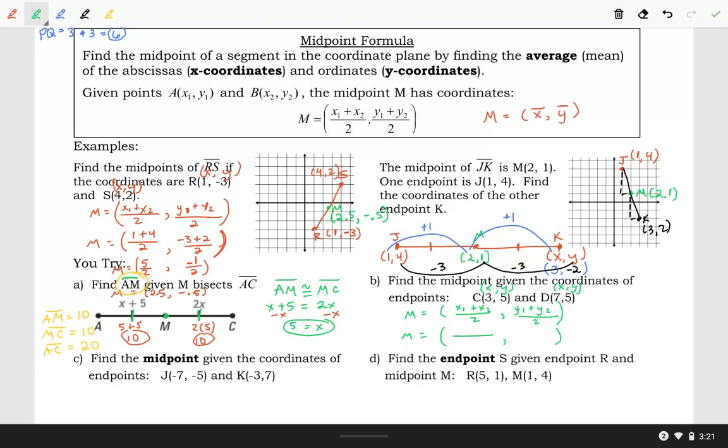Make sure we remember the x's come first. So 3 plus 7 over 2. For our y's, we get 5 plus 5 over 2.